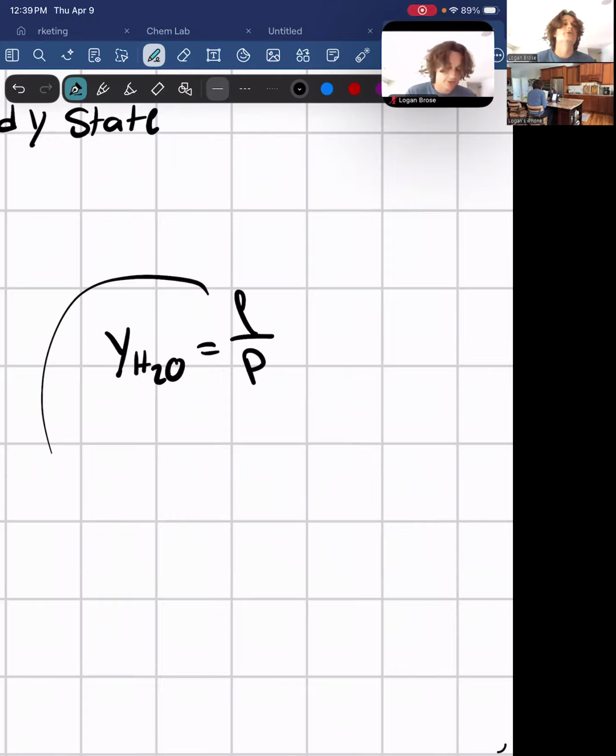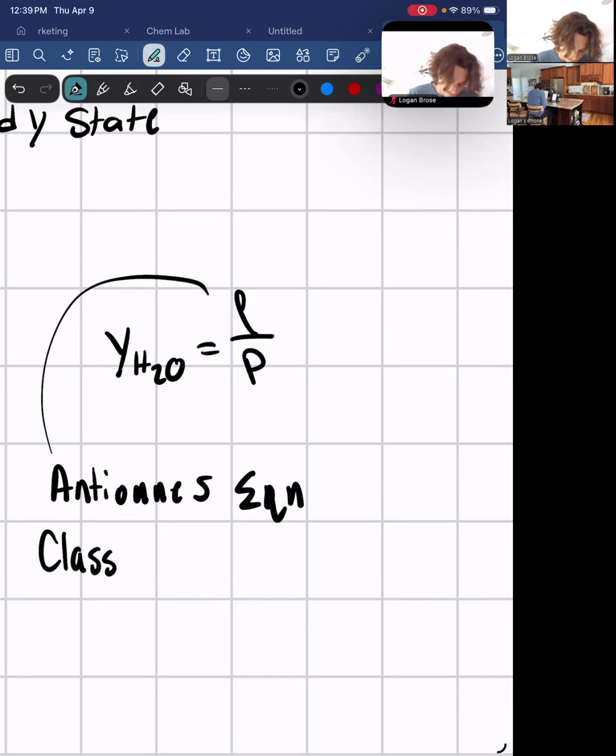For substances that are not as commonly known as water, if you want to find it and you can't find it somewhere, you can either use Antoine's equation or you can use the Clapeyron equation.